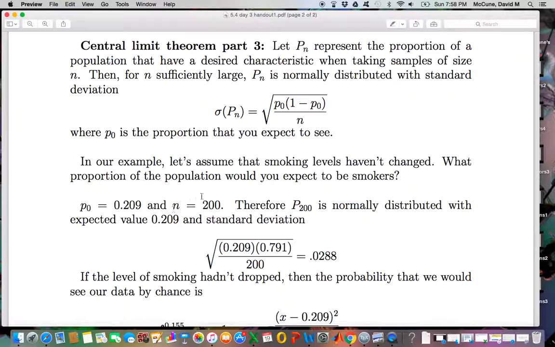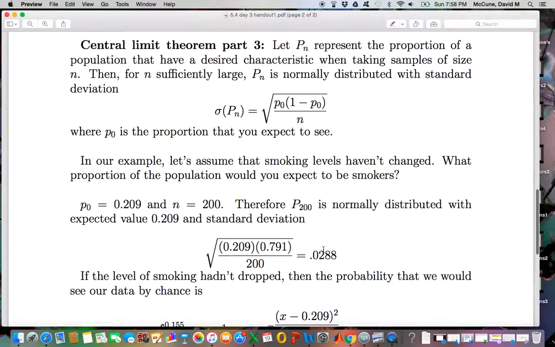Notice that our sample size is 200. So what the central limit theorem part 3 is saying is that P_200, the variable that measures proportions when you take a sample of size 200, is itself normally distributed with an expected value of 0.209, and the standard deviation obtained from the standard deviation formula gives you 0.0288.